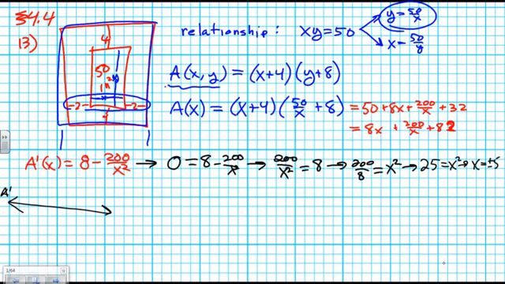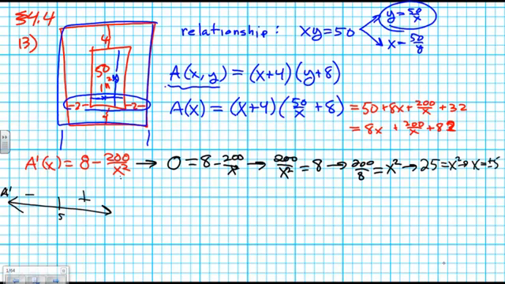Here's my A prime number line. There's my 5. When x is 0, I get undefined, so don't go there. But when x is really, really big, A prime is positive, because this thing right here is pretty small. And on the other side of 5, I'm negative.